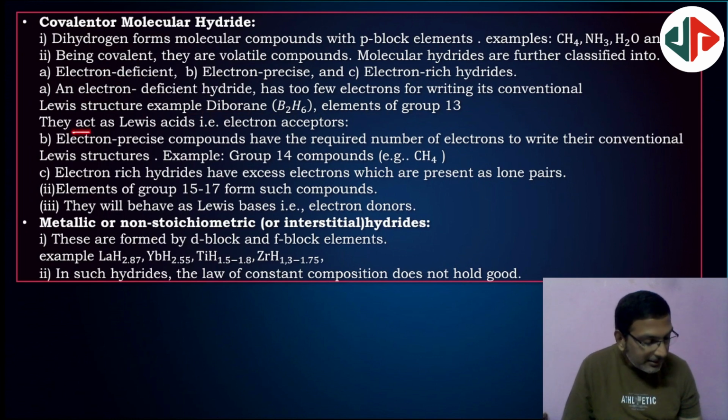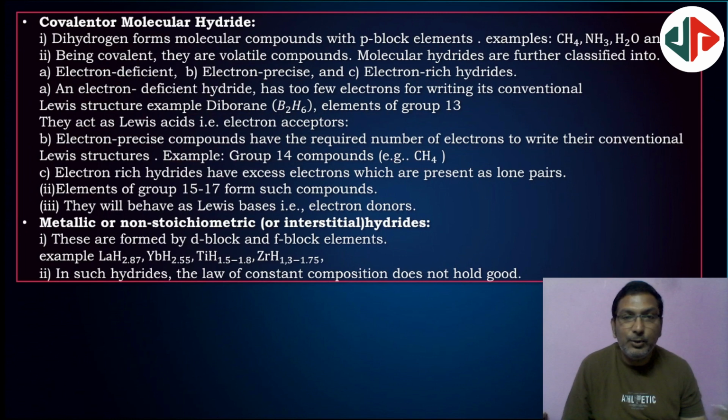Next, these compounds can act as Lewis acids due to their electron deficient nature. Next, electron precise compounds have an octet around the central atom. These are formed by group 14 elements.